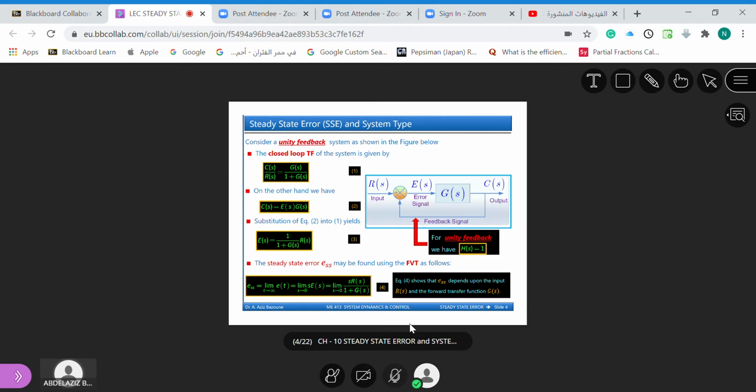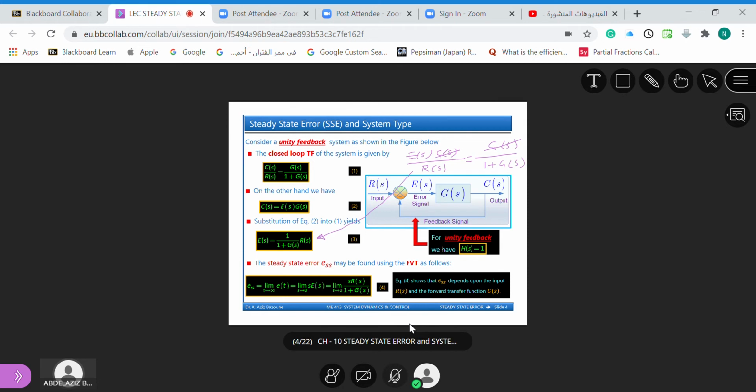I will write it like this: C of S over R of S. I will substitute C of S by E of S. We wrote C of S as E times G, so I will write E of S times G of S divided by R of S equal to G of S over 1 plus G of S. If you simplify G of S here and here, you will end up by having E of S will be R of S over 1 plus G of S. So this is what you get, exactly the same equation like here.